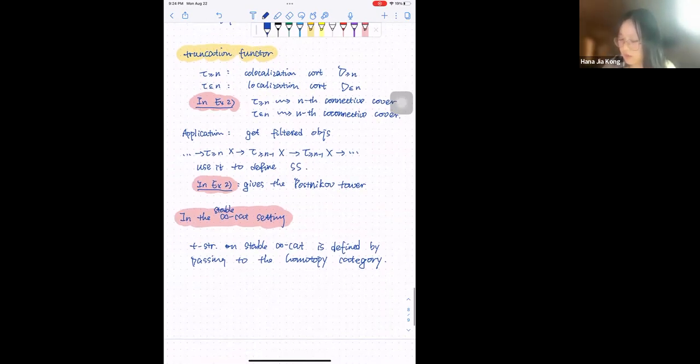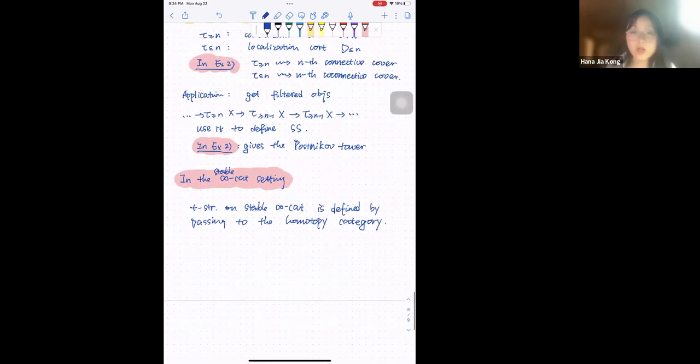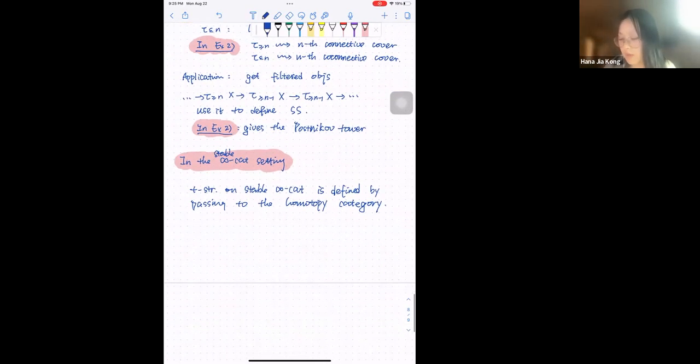So you can define t-structures on the homotopy category, and the t-structure on the stable infinity category is defined by passing to that.